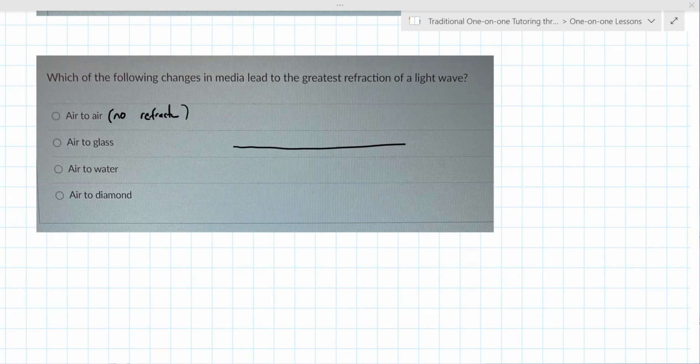I think one of these is really well known to be the answer. I don't want to make a judgment, but diamonds are more than just something you wear around. They're used in drilling and other things because they can harness the light waves shown through them. But I don't know, so I'm just going to look.